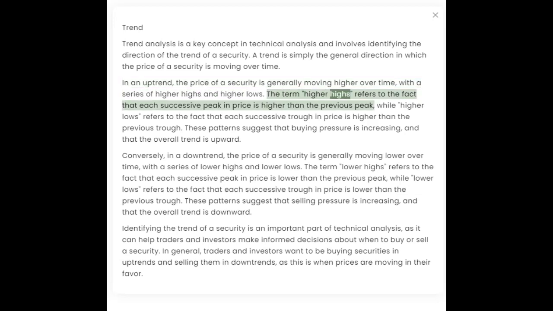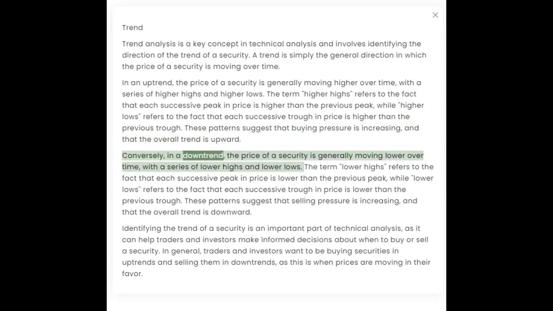The term higher highs refers to the fact that each successive peak in price is higher than the previous peak, while higher lows refers to the fact that each successive trough in price is higher than the previous trough. These patterns suggest that buying pressure is increasing and that the overall trend is upward.